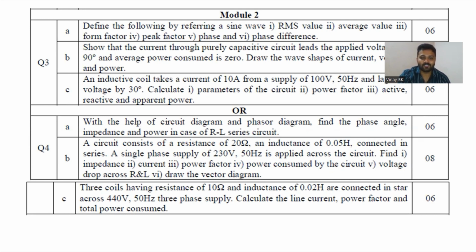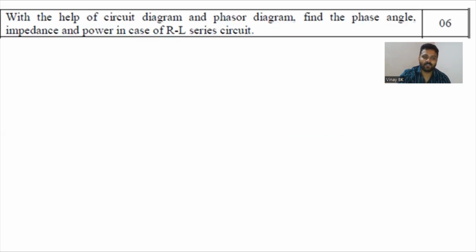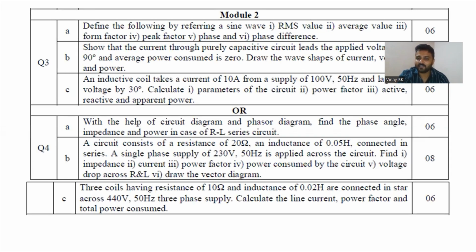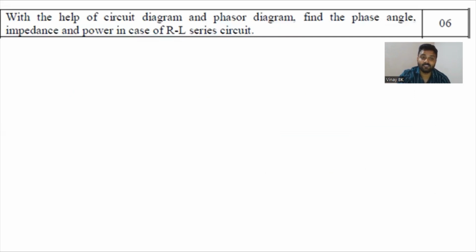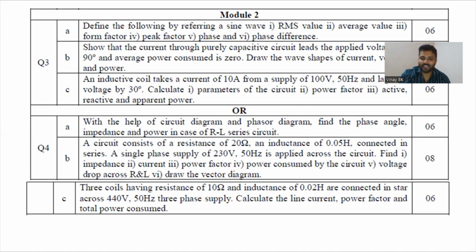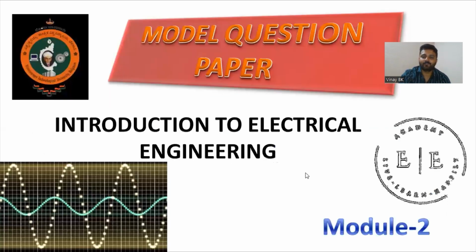Okay. So now see, with the help of circuit diagram and phasor diagram, find the phase angle, impedance and power in case of RL series circuit. We just see with the help of phasor diagram.